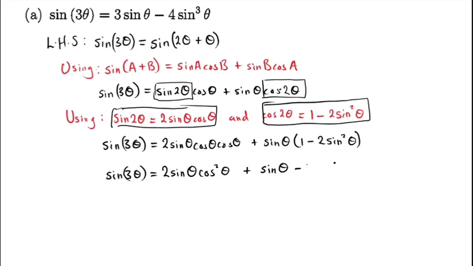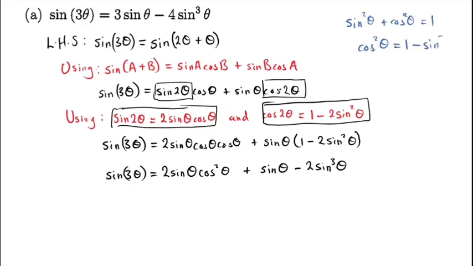Now if you look at our original question, on the right hand side we do not have a cos, so we have to replace the cos that you see here. According to the Pythagorean identities, sine squared theta plus cos squared theta is equal to 1. If I make cos squared the subject, cos squared theta is equal to 1 minus sine squared theta. So that's the identity I'll use to substitute here.